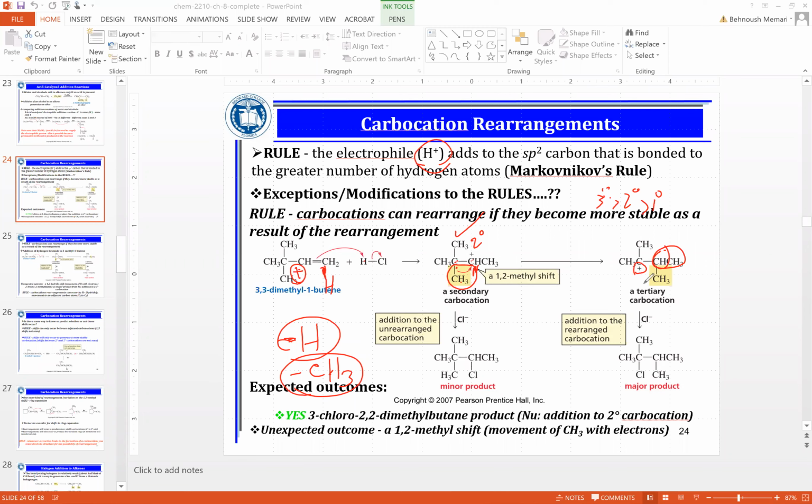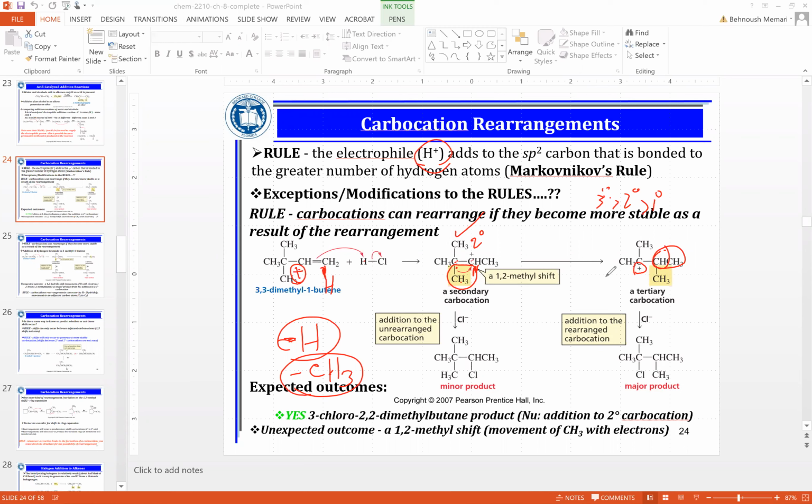So if you shift the methyl to the adjacent carbon, you are going to transfer the plus charge. Basically, you're switching the methyl group with the plus charge. It's called the methyl shift. So it gives you a tertiary carbocation, and a tertiary carbocation is more stable.